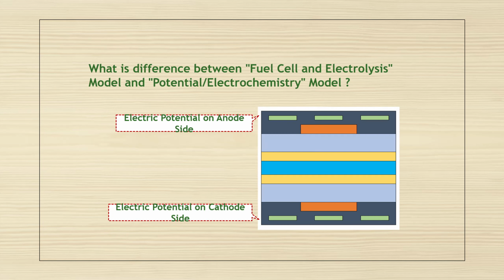The simulation process of electrolysis models in the two modules is very similar. However, the main difference between these two modules is how to define the electric potential on the anode and cathode sides of electrolyzers.